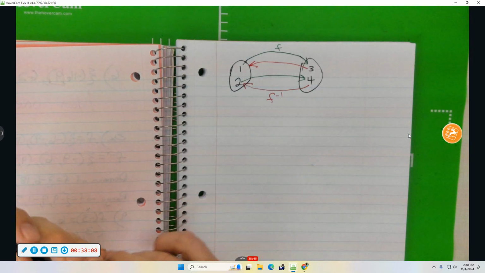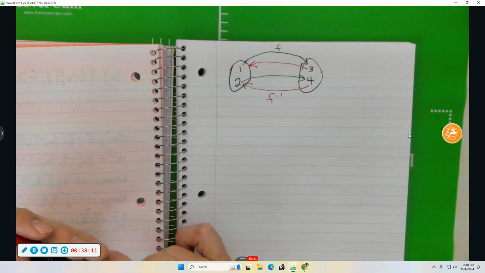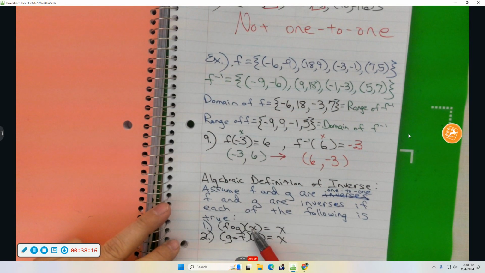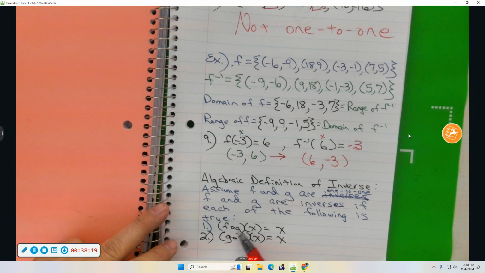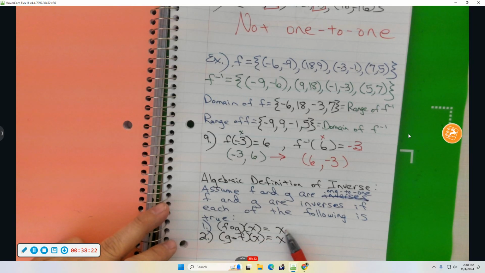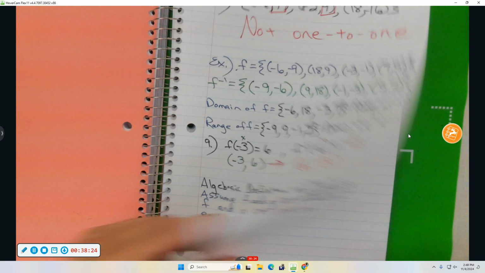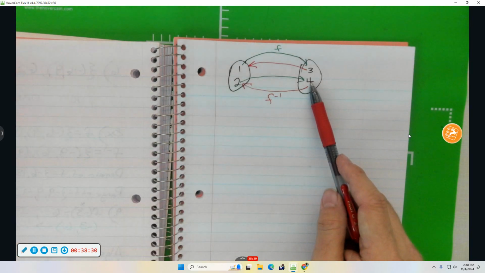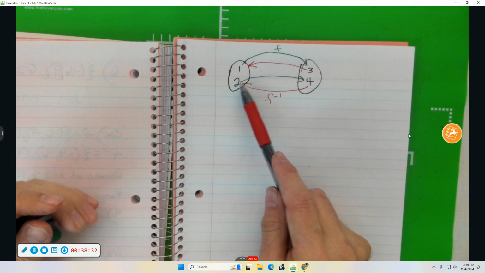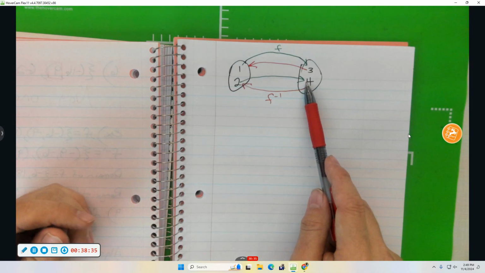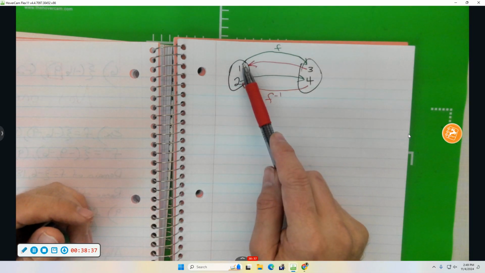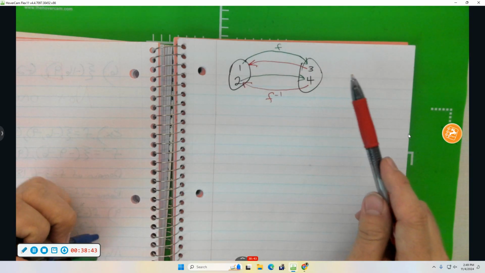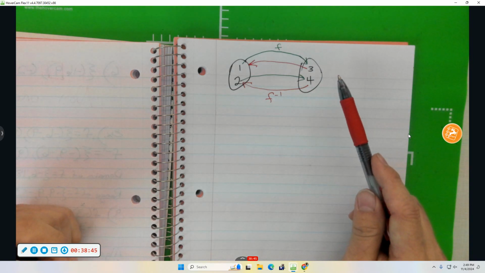Now, those are obviously inverses. What this definition is saying, if you start anywhere you want, perform the two functions, you'll always end up where you started. Let's start at 4. 4 goes to 2, and then 2 goes back to 4. As we started at 1, 1 goes to 3, 3 goes back to 1. If they're inverses, you will always end up where you started.